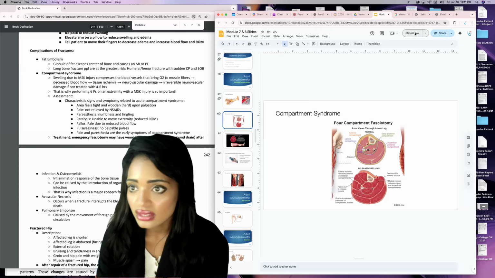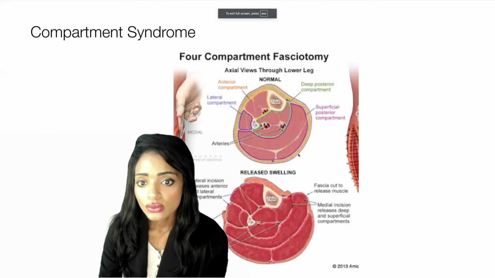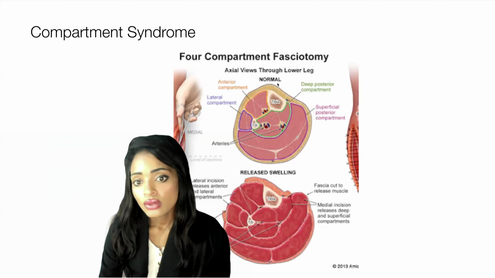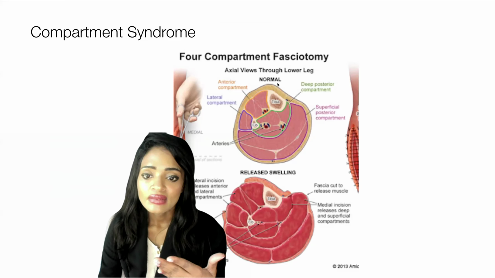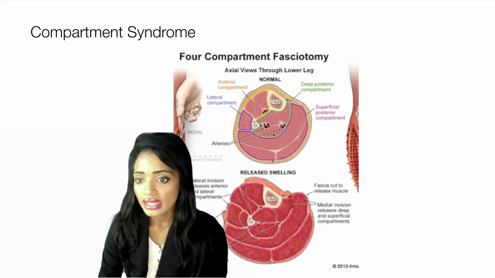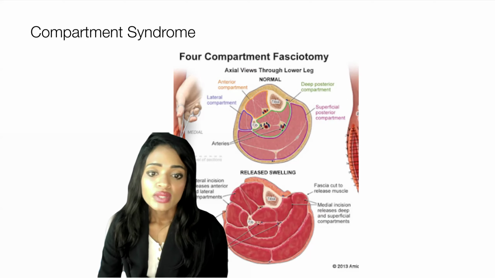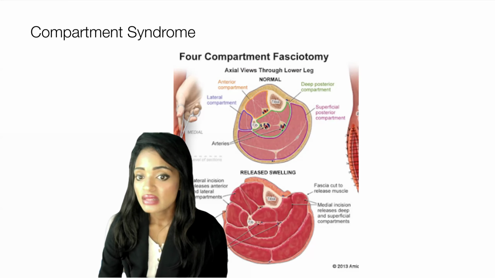So let's take a look at this picture. Here we have a normal view, a transverse section of the leg, of the thigh, and we can see muscle. In between the muscle, we can see the blood vessels.